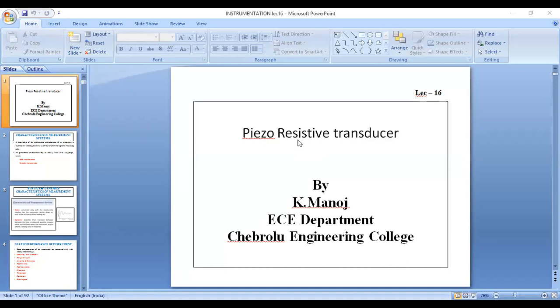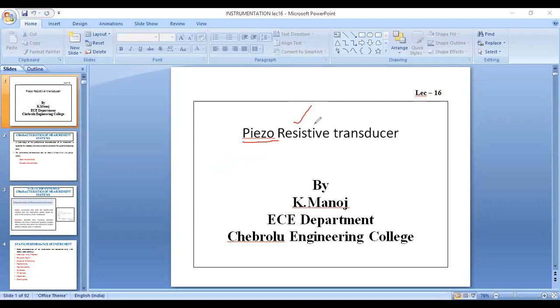It is called piezo resistive transducer. So, you know that piezo means stress here. So, if I give stress as an input, then the resistance of the device or instrument will change.